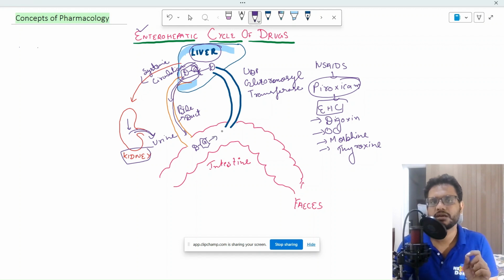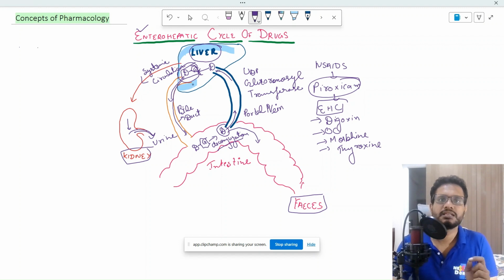There will be release of the drug, and this is called deconjugation. It is a reaction carried out by intestinal enzymes. Now a fraction of this drug is going to go to the feces and get excreted, but some fraction is going to go to the portal vein, and through the portal vein it is going to get inside the liver.